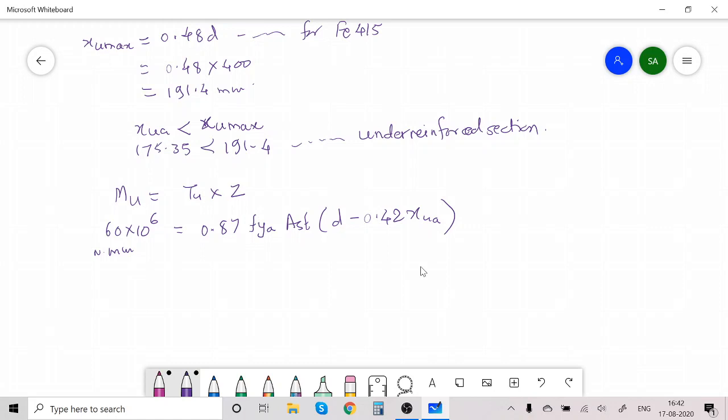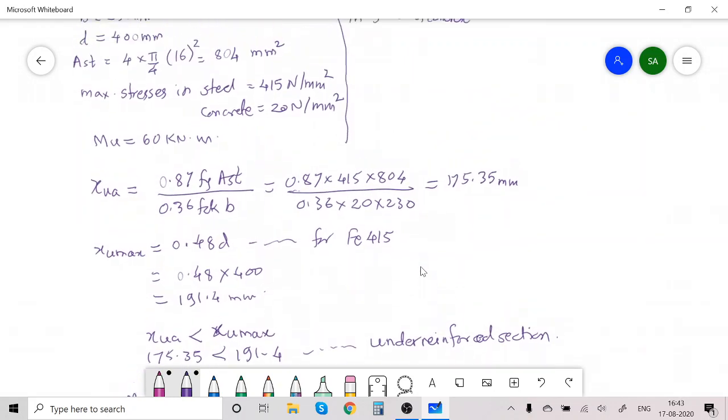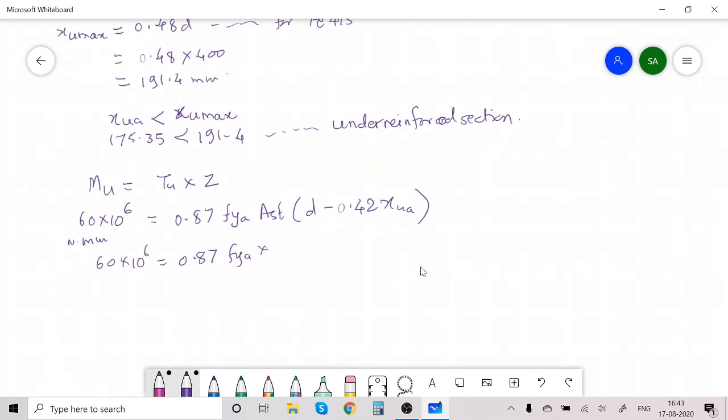So 60 into 10 raised to 6 is equal to 0.87 Fy actual, stress in steel actual, AST is 804, D is 400 minus 0.42 into 175.35.